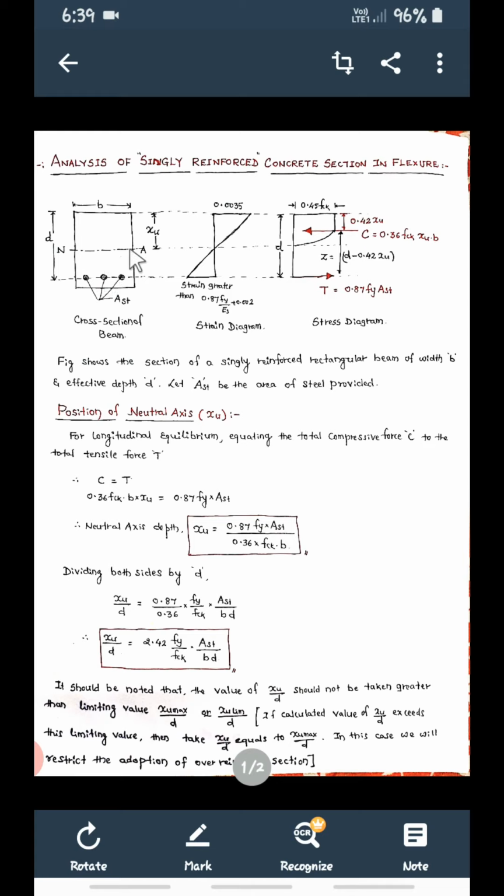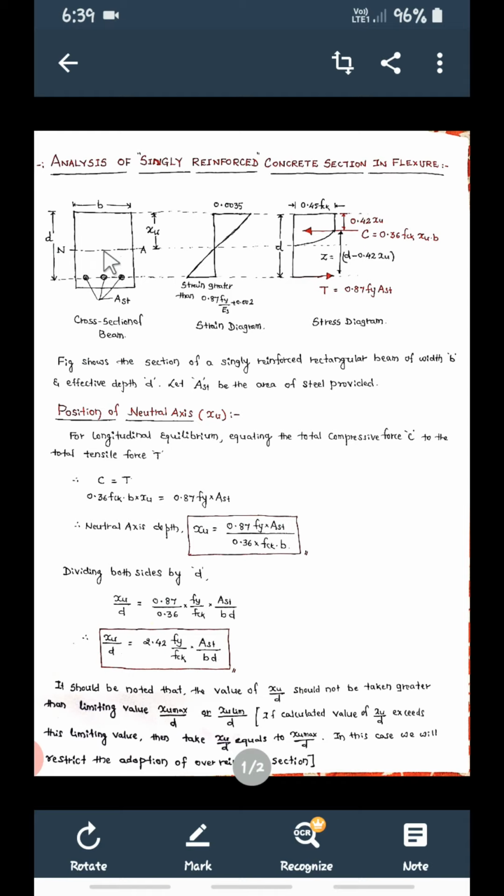So the neutral axis divides the section into compression zone and tension zone. Exactly at the neutral axis, there will be no compressive stresses and no tensile stresses; the stresses will be 0. That's why it is called the neutral axis.